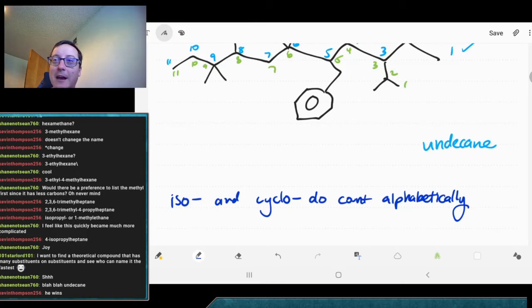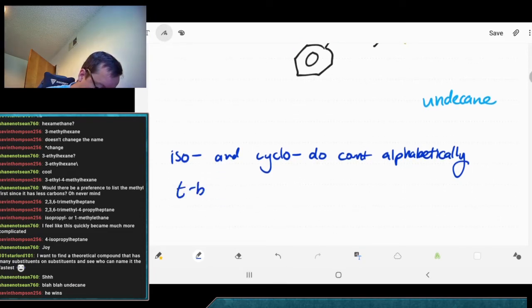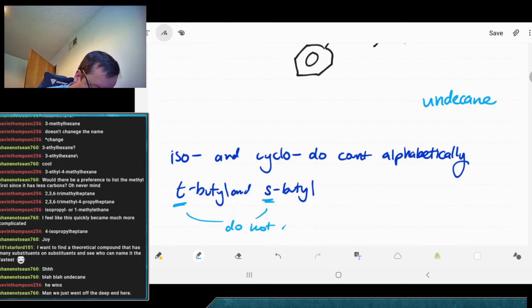Iso and cyclo do count alphabetically, but for t-butyl and s-butyl, the t and s do not count. So iso and cyclo count, tertiary and secondary do not.